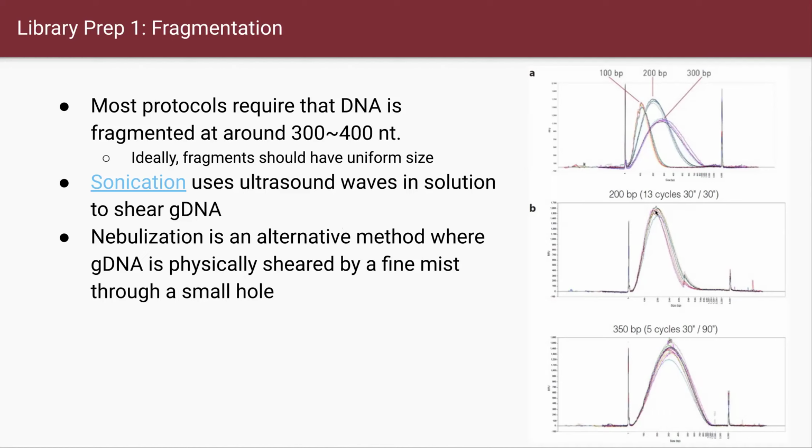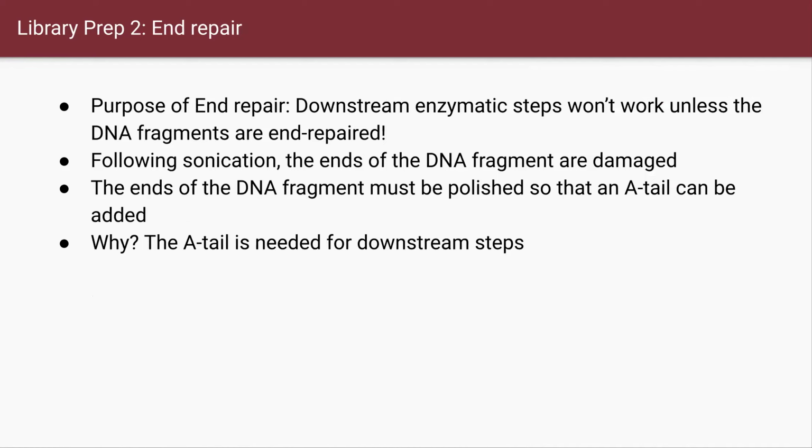But if you do only 5 cycles, you will have around 350 base pairs, because you put less force into the fragmentation. So it really depends on how much force you put into your fragmentation, and then you get different results, right?